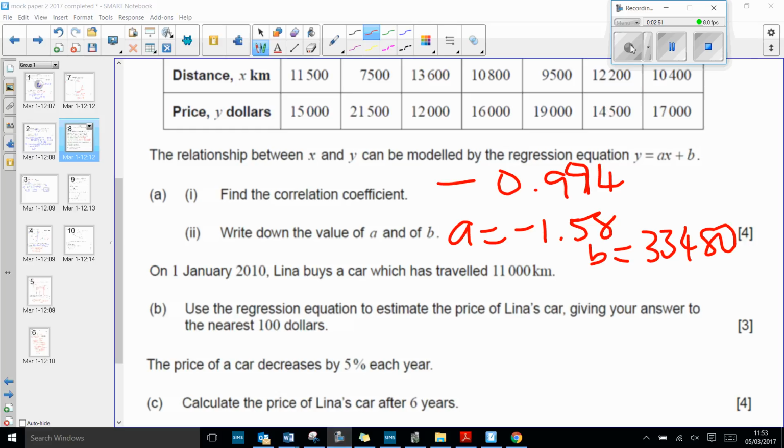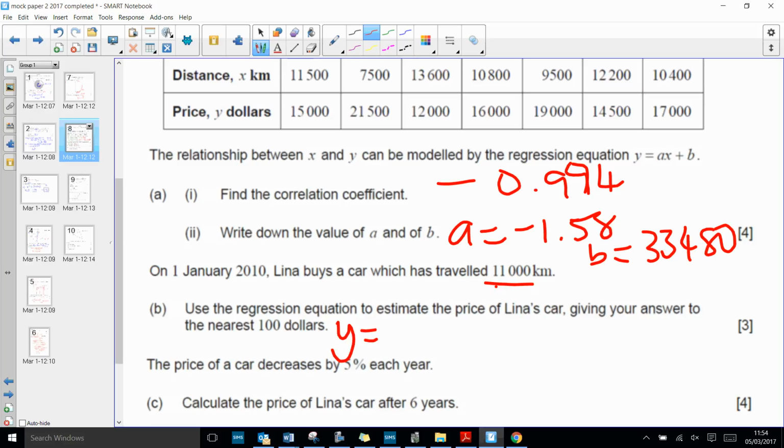Okay, so I don't think I got to the next question. It says use the regression equation to estimate the price of Lena's car, giving your answer to the nearest $100. So it's traveled 11,000 kilometers, so that's our value for X. So we've got Y equals negative 1.58 times 11,000 plus 33480.